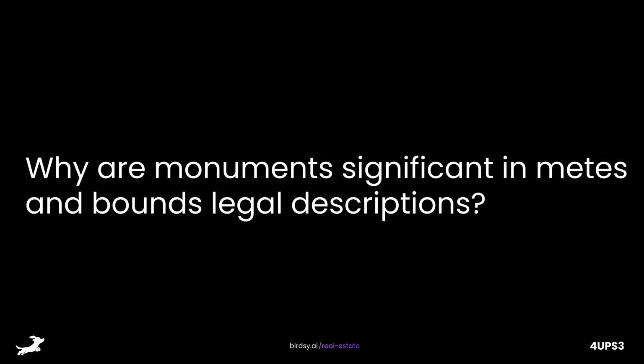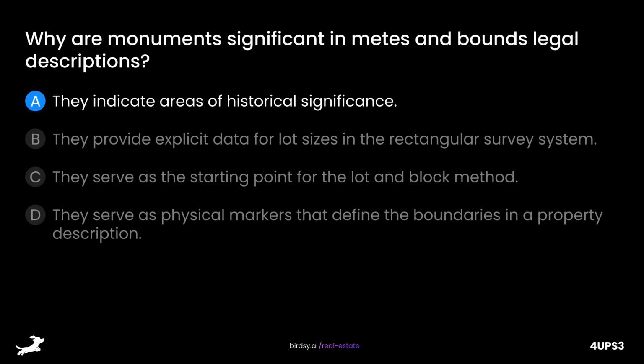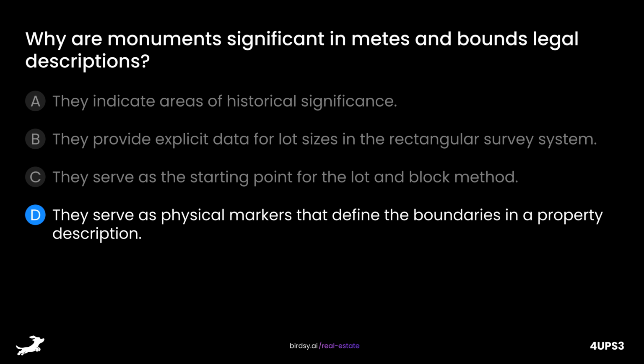Why are monuments significant in meets and bounds legal descriptions? Is it A, they indicate areas of historical significance, B, they provide explicit data for lot sizes in the rectangular survey system, C, they serve as the starting point for the lot and block method, or D, they serve as physical markers that define the boundaries in a property description?